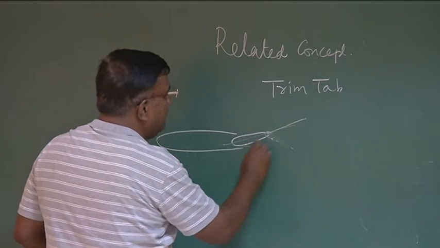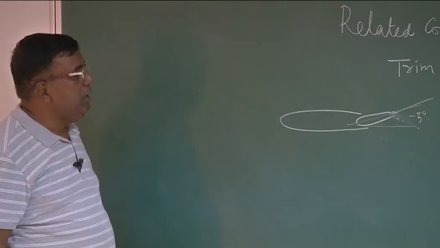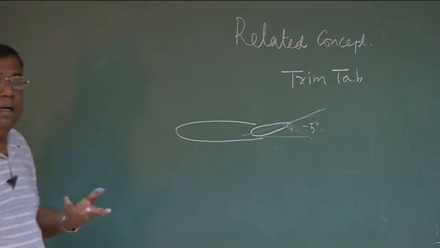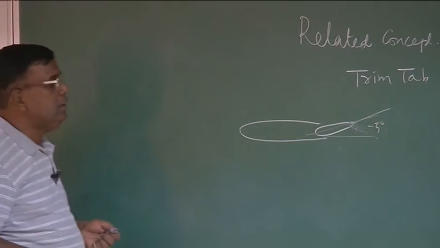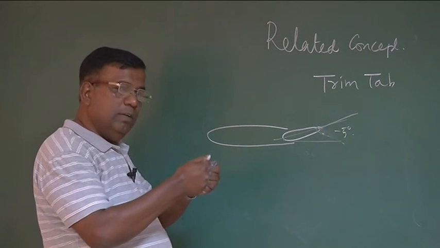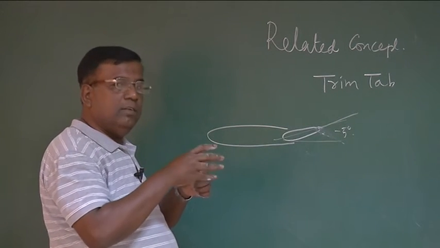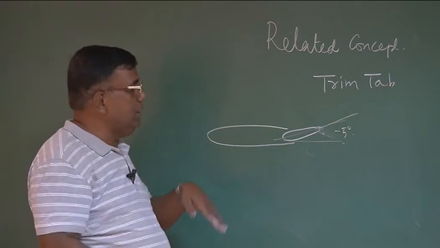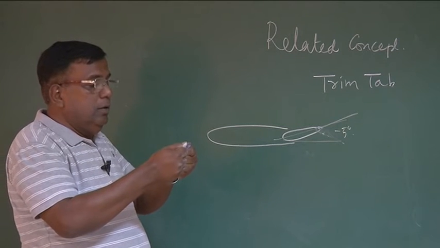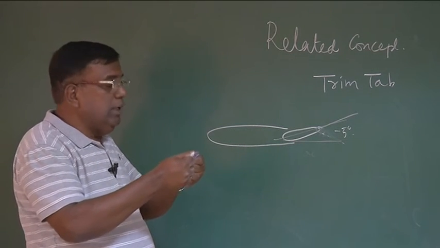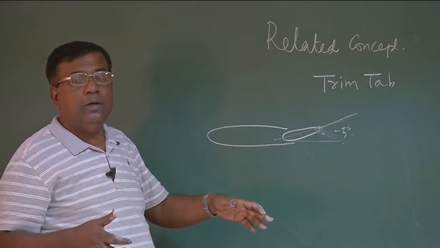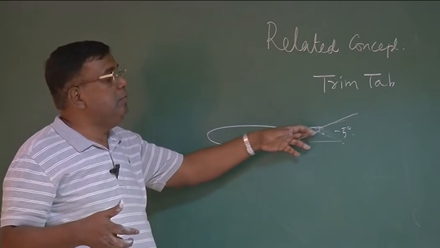If I want to fly at -5° elevator, please understand, take a case where the elevator -5° is required, up. So what the pilot will do, pilot will try to pull the stick, in a sense, it will try to reduce the speed and increase the angle of attack so that CL is more and maintains lift equal to weight. But imagine that pilot has to keep on holding the stick. Otherwise, the moment he leaves, because reversible, the elevator will go down. It will not be able to maintain this position.